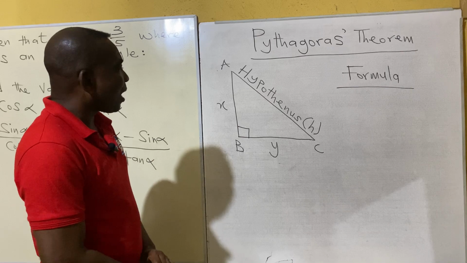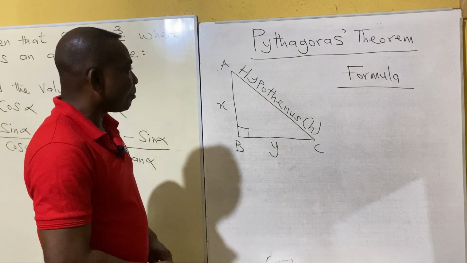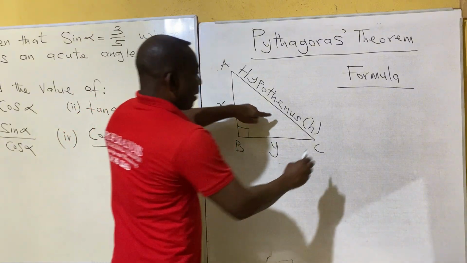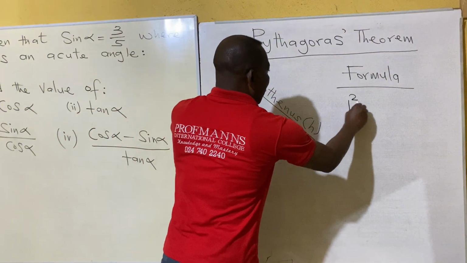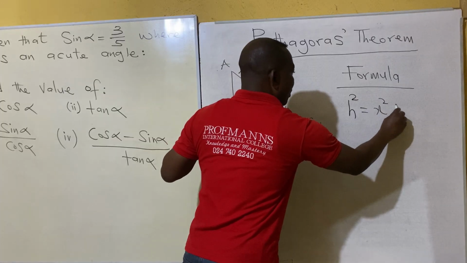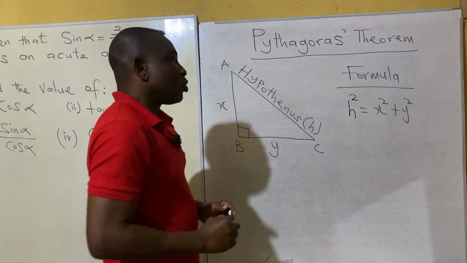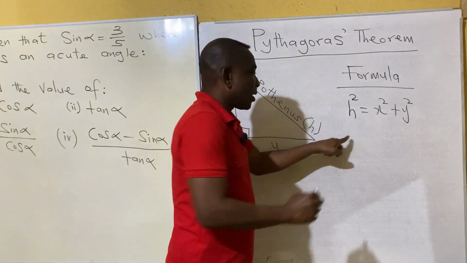Now, the formula in Pythagoras theorem is always the hypotenuse squared is equal to x squared plus y squared. You can make x squared the subject.